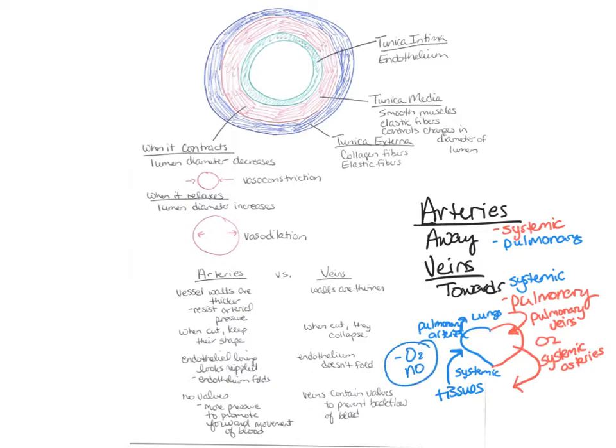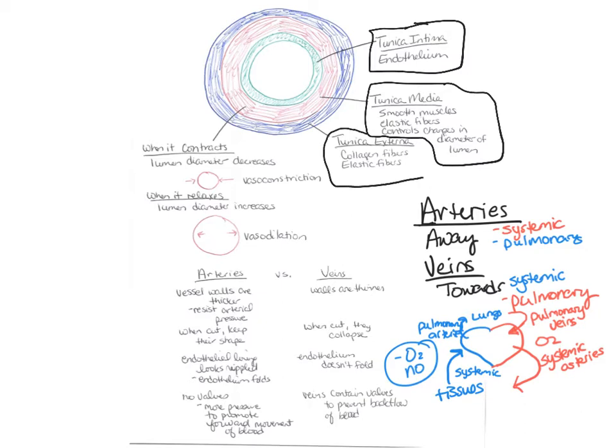So let's just take a look at these blood vessel walls and see the different layers of the blood vessel walls. The walls of arteries and veins contain 3 distinct layers. There is the tunica intima, the tunica media, and the tunica externa. So both arteries and veins are going to contain these different layers.